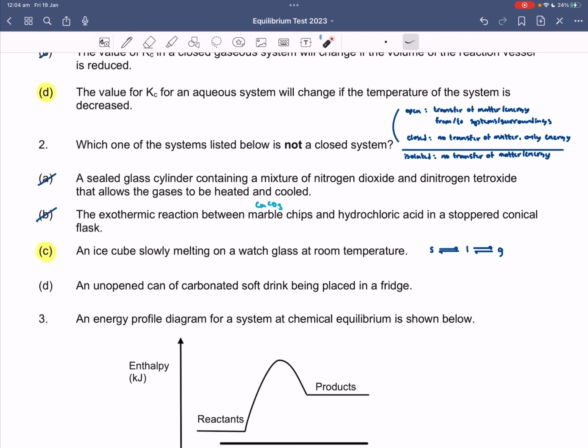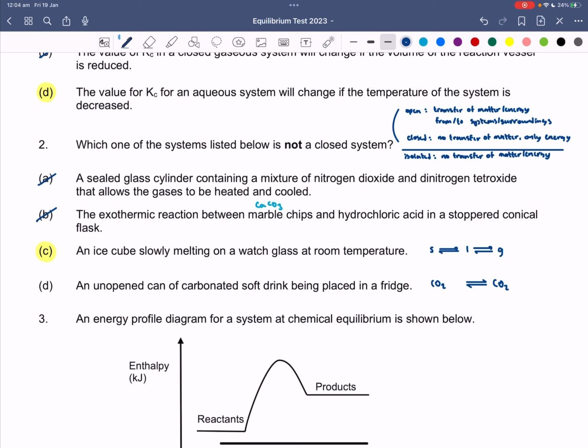Okay, and lucky last, it says an unopened can of carbonated soft drink. Again, it's unopened, so the fact that it's unopened means that none of the CO2 can escape. So you can have some of the CO2 gas inside there. It can evaporate. Okay, so some of the CO2 gas can evaporate and become CO2, I really should write CO2 aqueous.